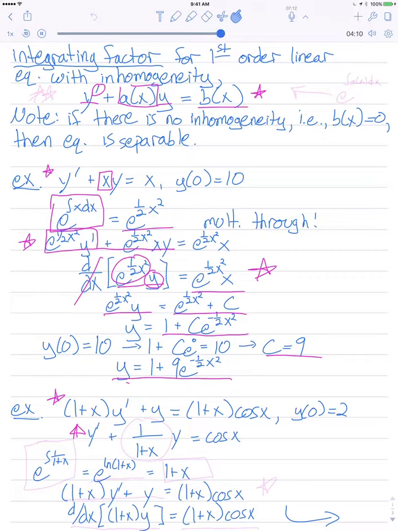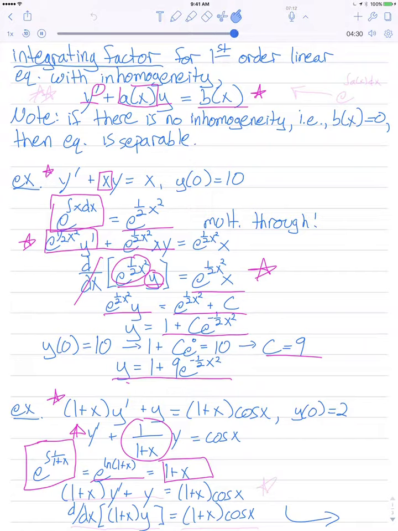So my integrating factor is going to be e to the antiderivative of this term. So that's e to the antiderivative of 1 over 1 plus x. That's e to the natural log of 1 plus x. But the exponential function and the natural log are inverse functions, so this just gives me 1 plus x.